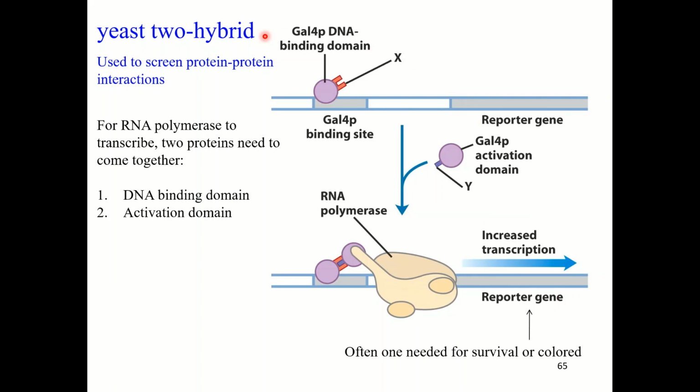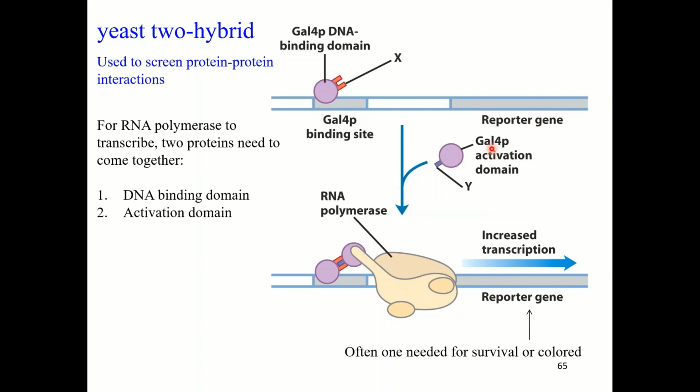So how does this work? Okay, so here we have our protein X, and it's bound to our Gal4 binding domain, which binds to our Gal4 binding site in the DNA. Okay. And our reporter gene is fairly close to this site.